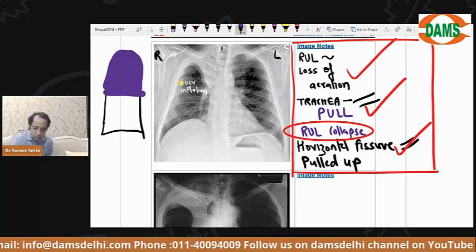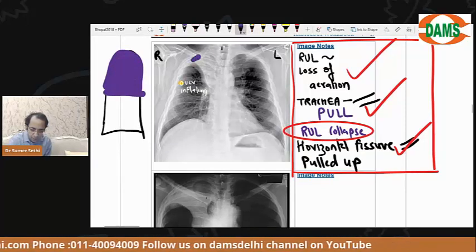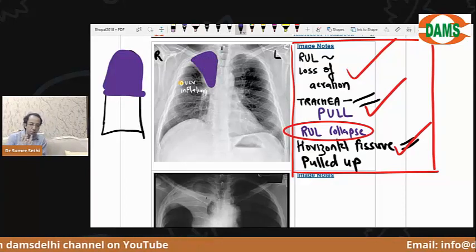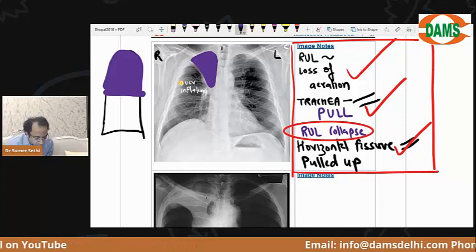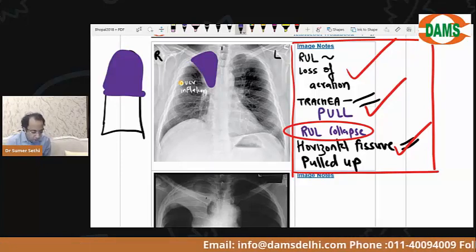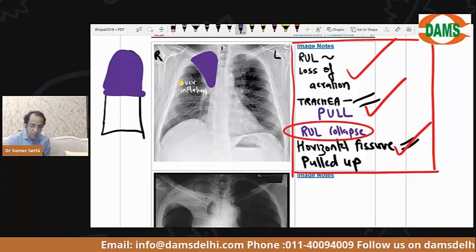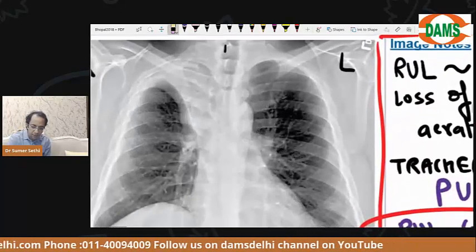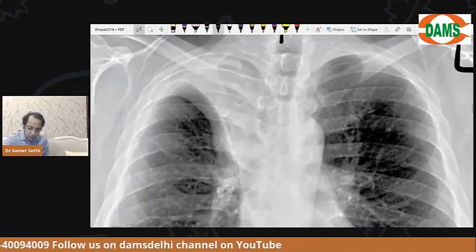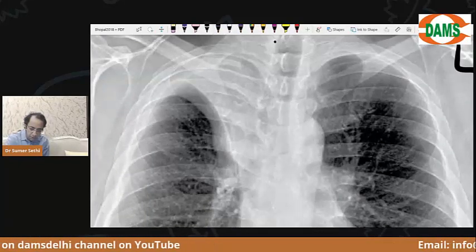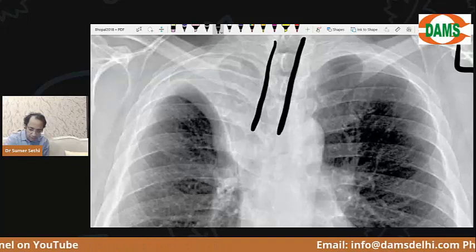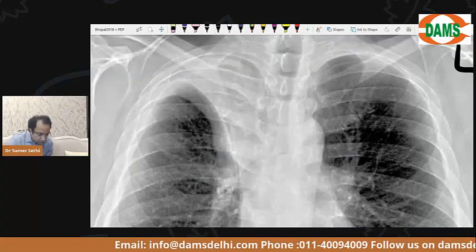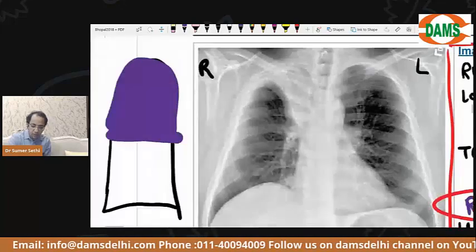In this patient, the upper lobe is shaped like this. Can you see it has become small, and that is why I am calling it collapse, not consolidation. This is your trachea. If I zoom in, I'm sure you will be able to see. Everybody understands? Very good.